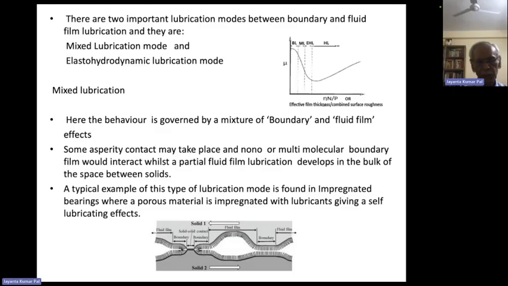Under load, the lubricant oozes out and lubricates the surface, and as the load is taken off, the lubricant goes back to the pore, and there is little lubricant left between the two surfaces. But in the other zone, in the zone shown here, we can expect hydrodynamic lubrication.